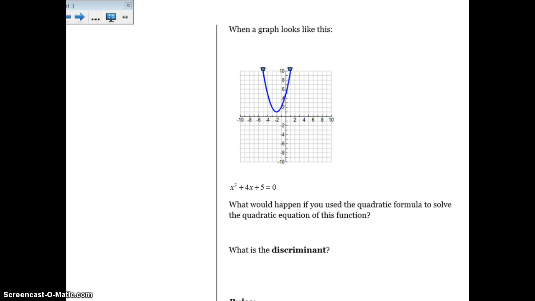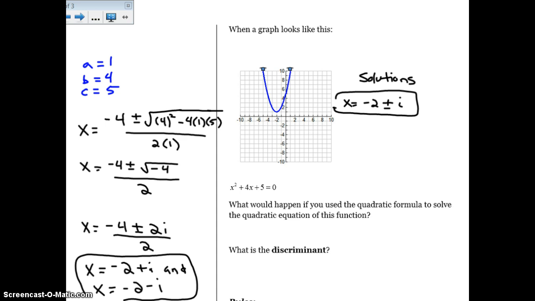If there are no real solutions, then that means there are 2 imaginary solutions, and we have to find them using the quadratic formula. So what I'm going to do is go ahead and plug this into the quadratic formula and then post the work here for you to copy down. And then we'll talk a little bit about those solutions.